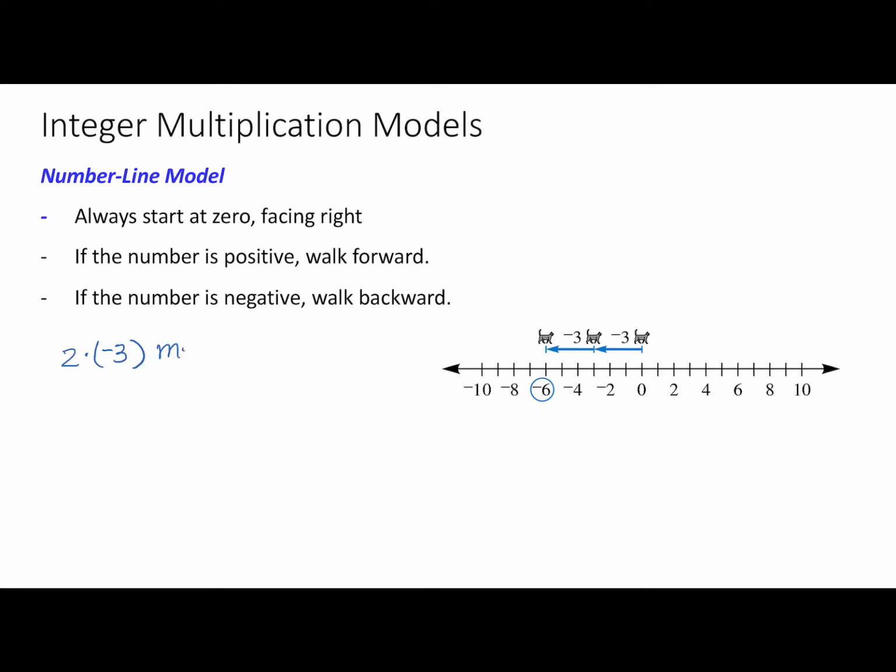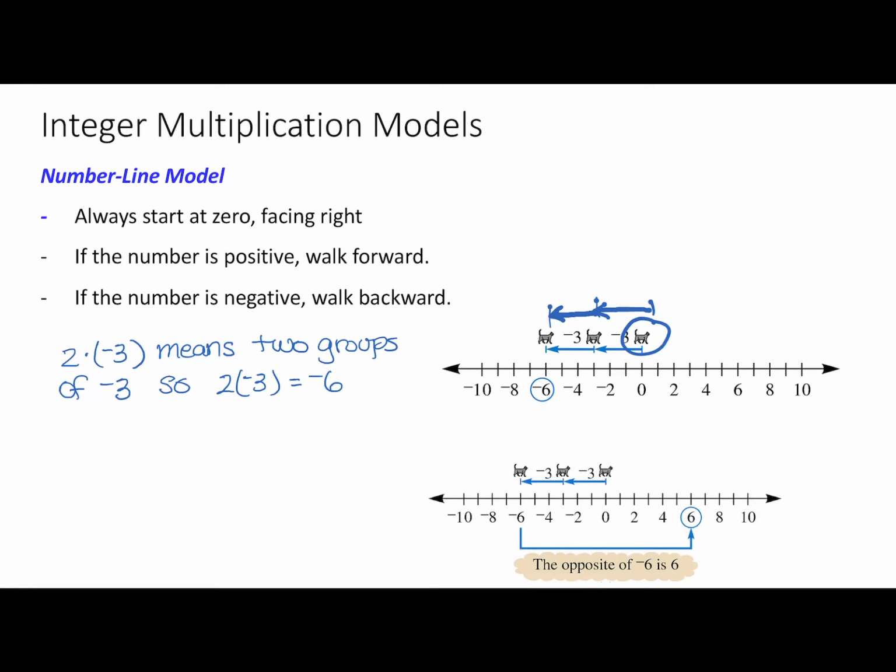What that means is that I'm going to move 2 groups of negative 3. Now remember, negative 3 means moving backwards. So I've got a little cat here, and the cat is moving backwards negative 3 units twice. And that takes me to negative 6. So 2 times negative 3 equals negative 6.